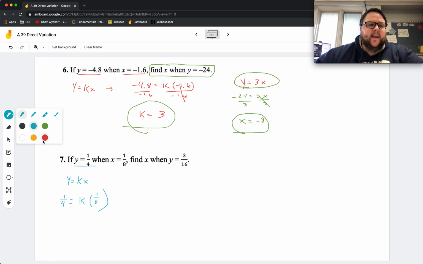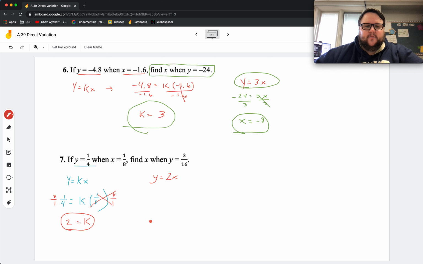So now to find out what k is, I'm going to multiply both sides by the reciprocal, 8 over 1. They cancel out here, and I get k equals 8 divided by 4, which is 2. K equals 2. So now I have my equation, y equals 2x.